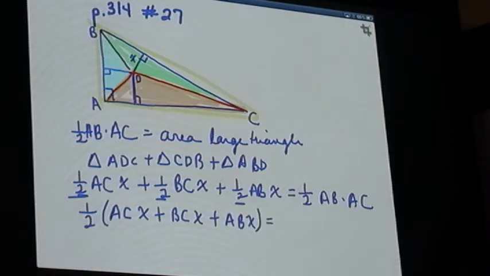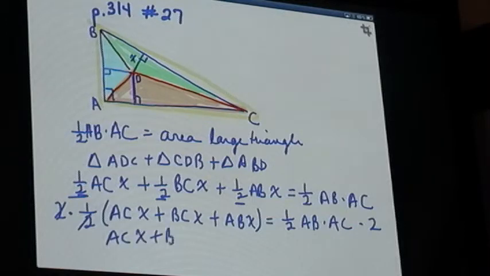And then we've got 1/2 AB times AC on the other side. And now we're just going to divide out our 1/2 or multiply by 2, however you want to look at it is fine. Okay, that cancels out our 2, so we're left with ACx plus BCx plus ABx equals AB times AC.